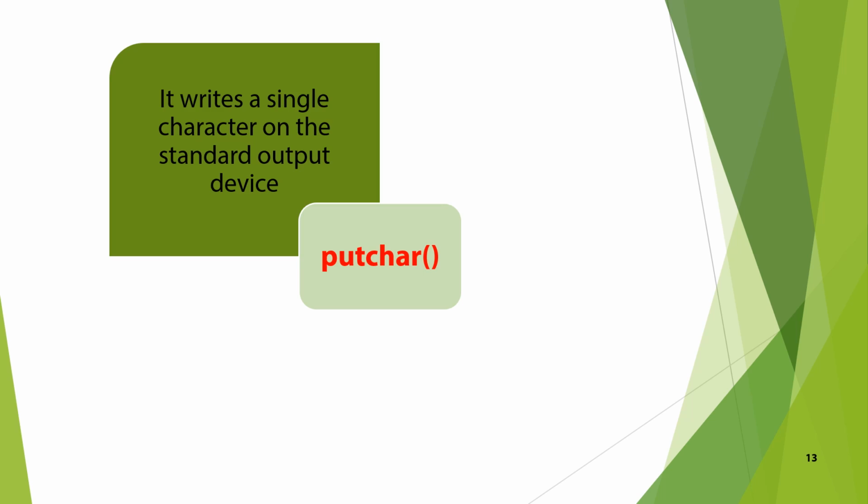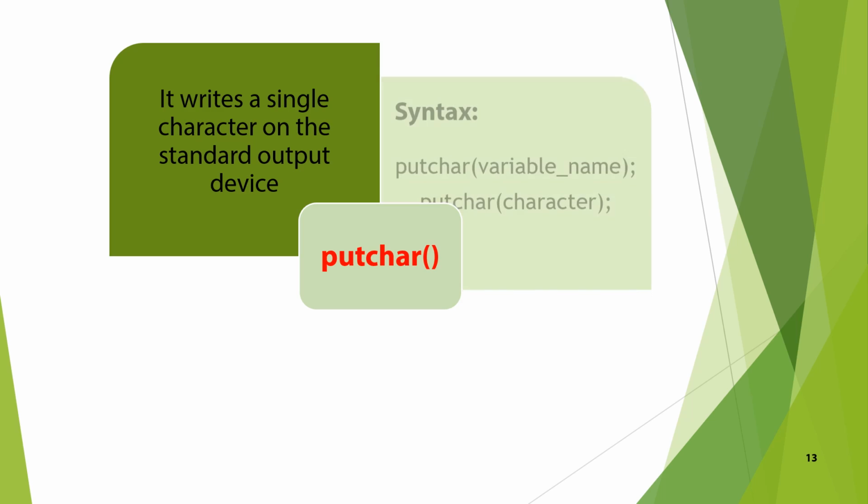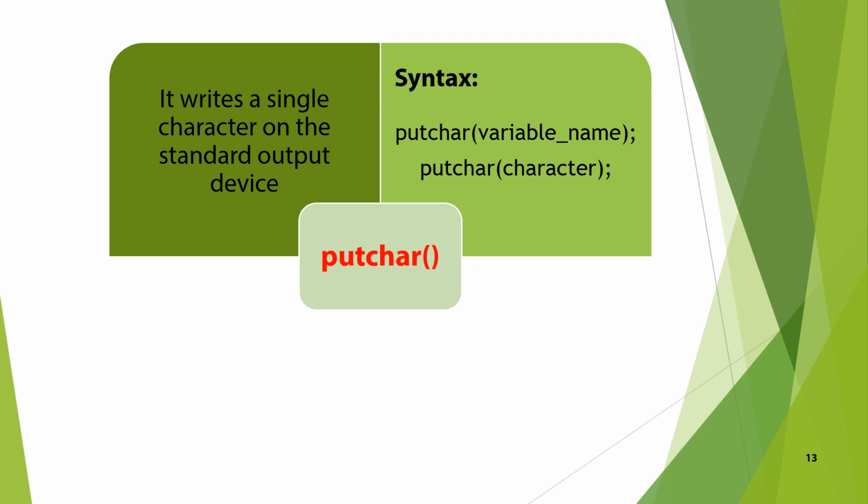Its role is to write a single character on the standard output device, that is the monitor. The syntax of this function is putchar, and in brackets as a parameter we can write a variable name or a character.